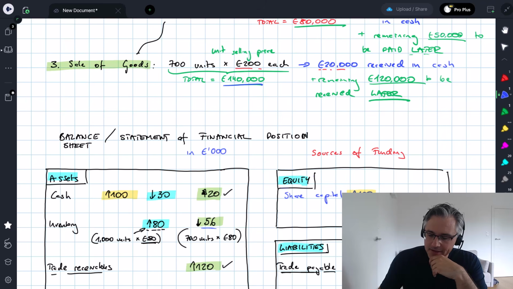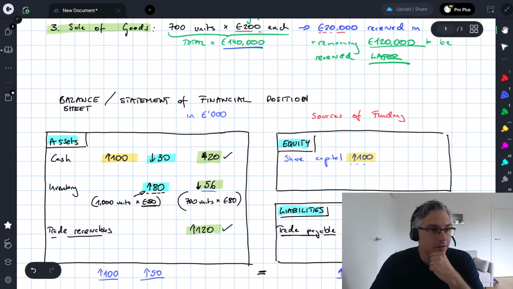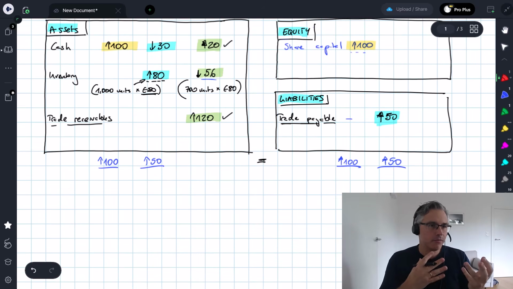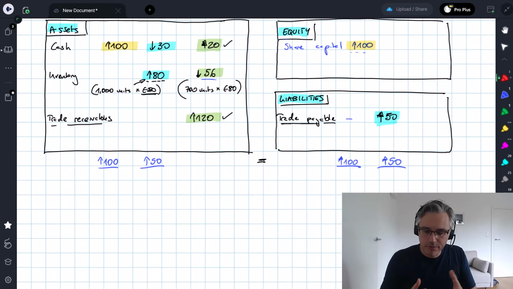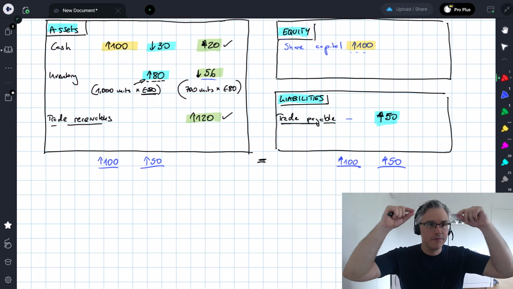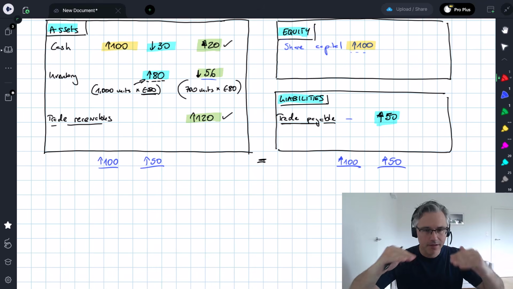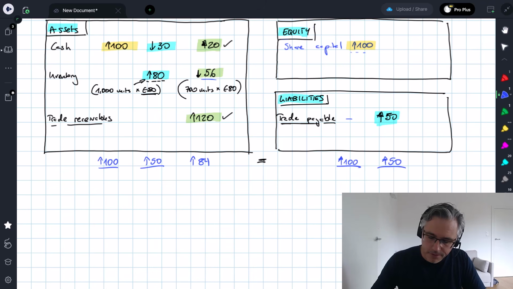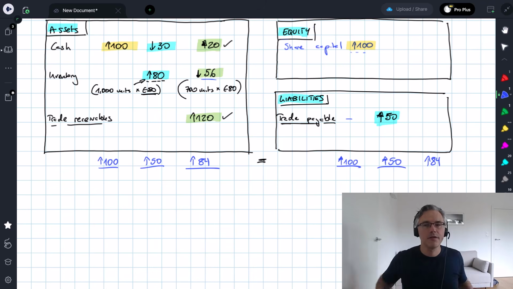The 56 reflects the value of the inventory that was sold, but value as understood from the perspective of the cost at which this stuff was bought. And when you do 20 plus 120, 140, and you deduct 56, you're left with a net movement of 84. Now, of course, that's going to have to appear on the other side as well.